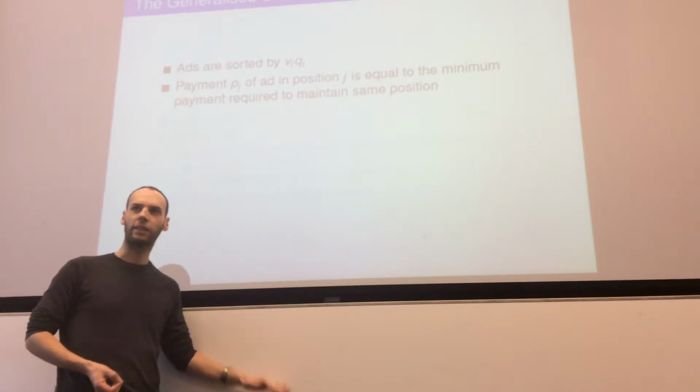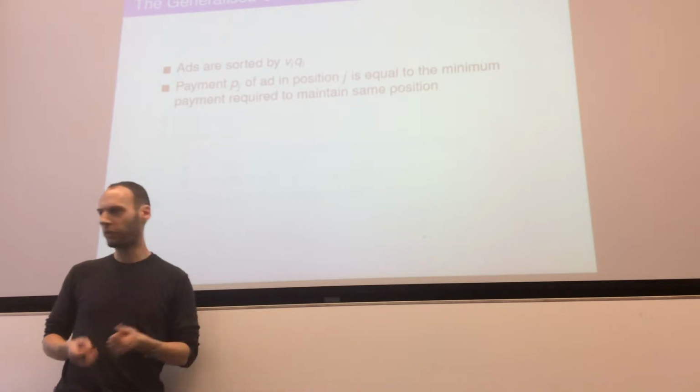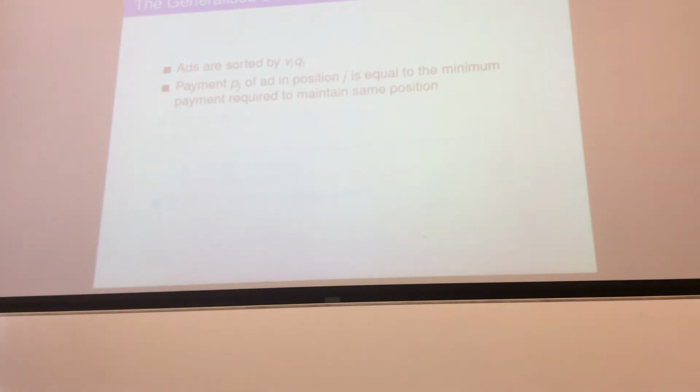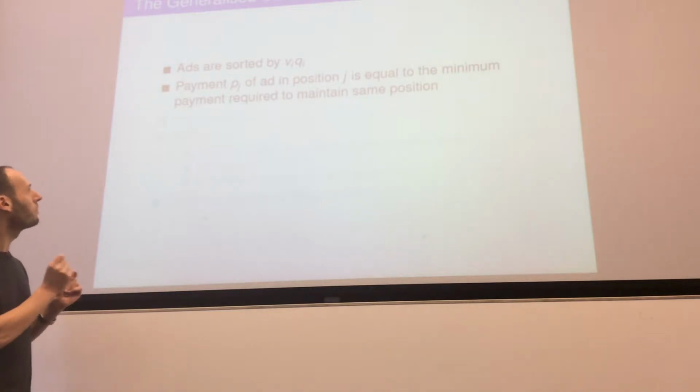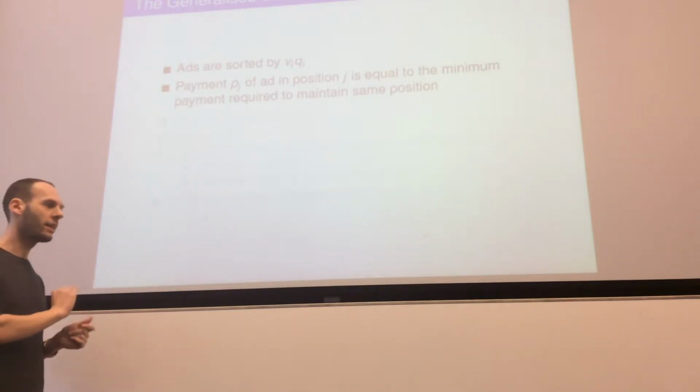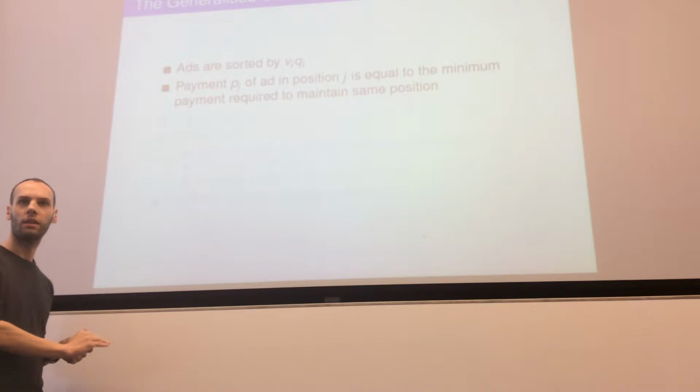That's the second highest price. So we can transfer that intuition to the same idea: the payment Pj of the ad in position j is equal to the minimum payment required to maintain that same position.